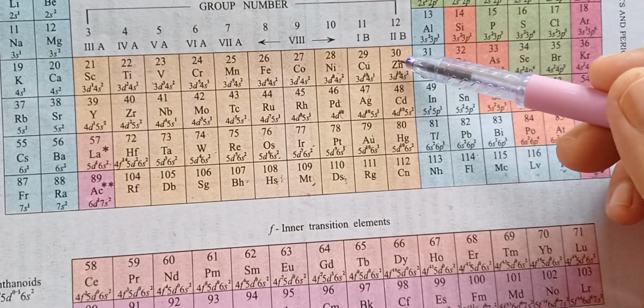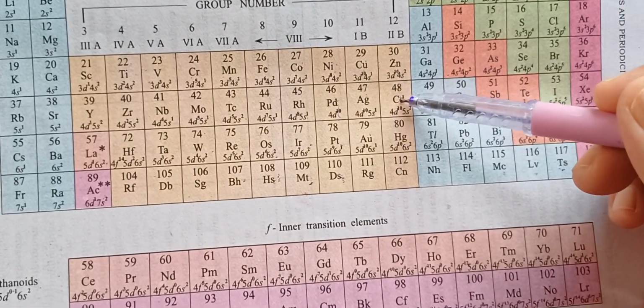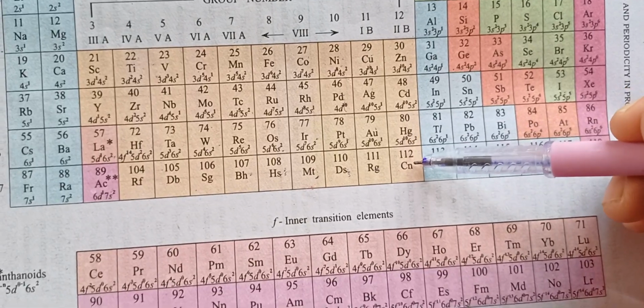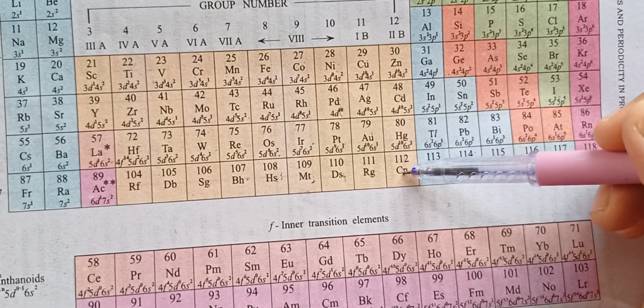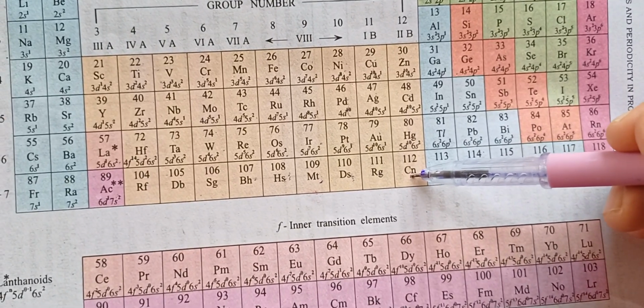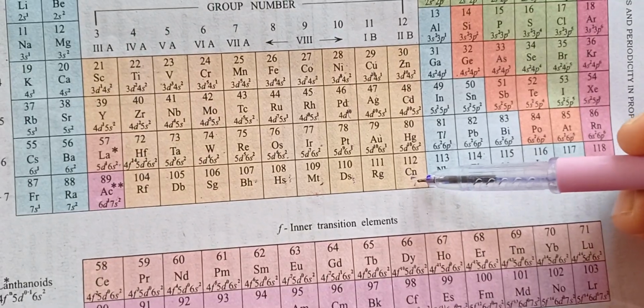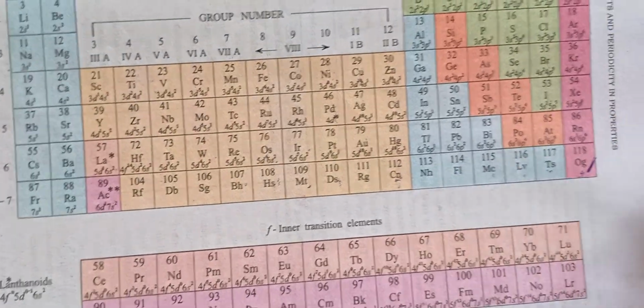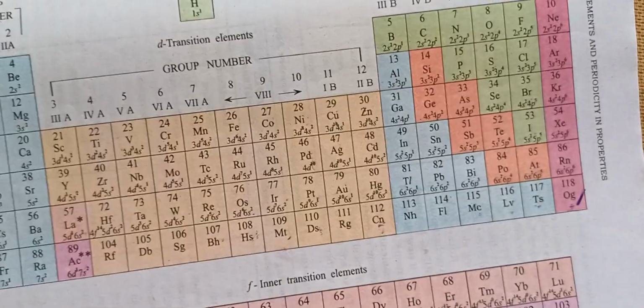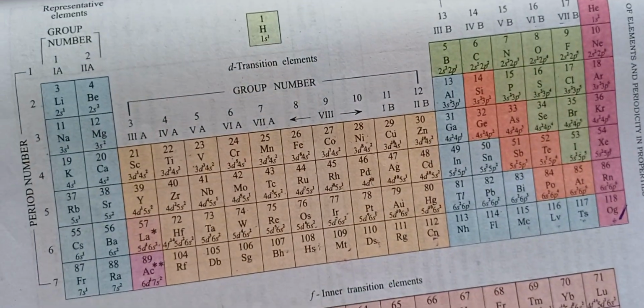Next, 2B: zinc, cadmium, mercury, copernicium, named after Copernicus. So like this, we have seen s-block, p-block and d-block elements.